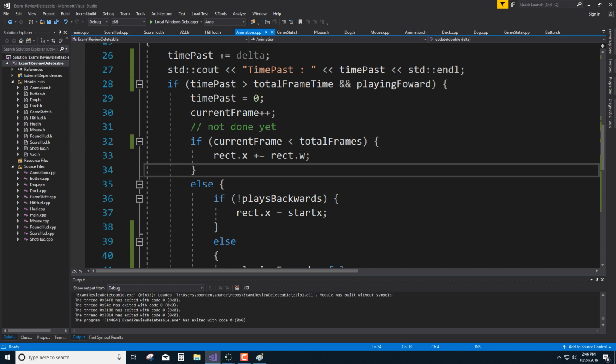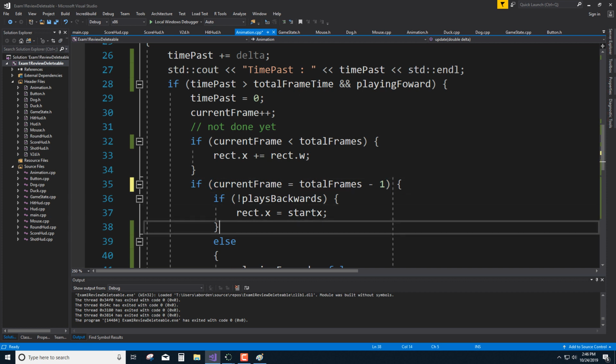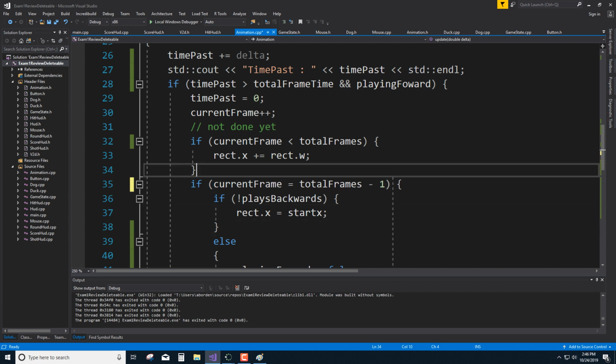One less than total frames. That's what we need here. So instead of else, this should be if current frame equals total frames minus 1. So that says if we are on the last frame.